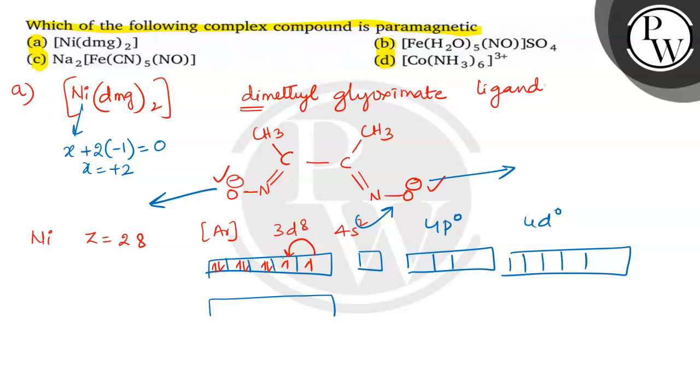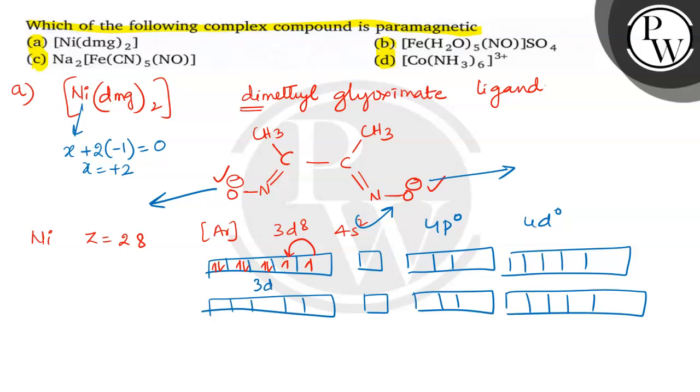See, this electron is jumped. This is 3d, 4s, 4p, 4d. Now electronic arrangement. After pairing 1, 2, 3 already pairs are there. Fourth pair this is. So d orbital is vacant. This d orbital and one s orbital and two p orbitals involved in dsp2 hybridization and forming square planar complex.